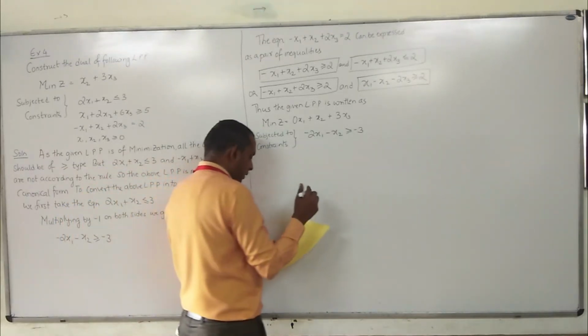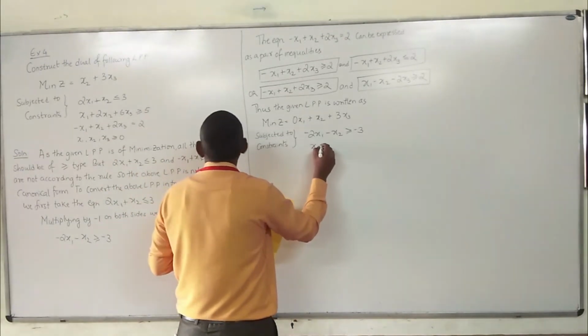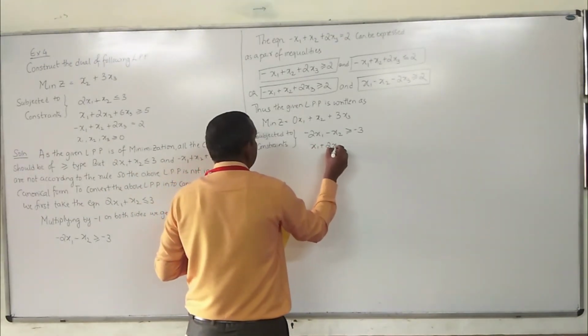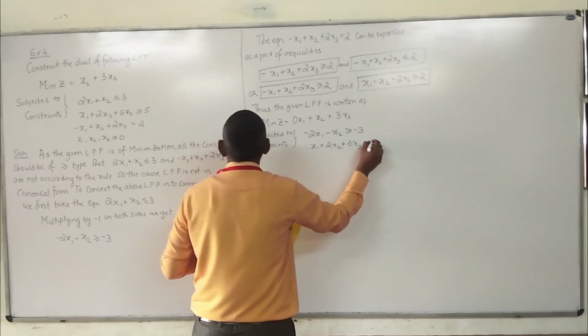Next one is x1 plus 2x2 plus 6x3 greater than or equal to 5.